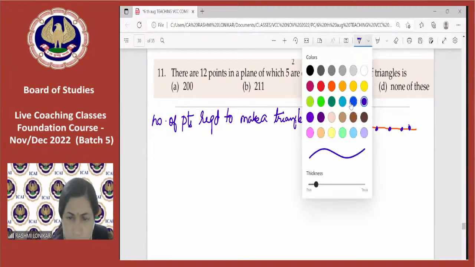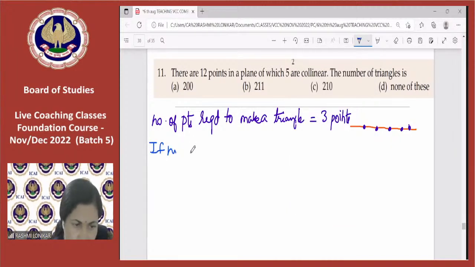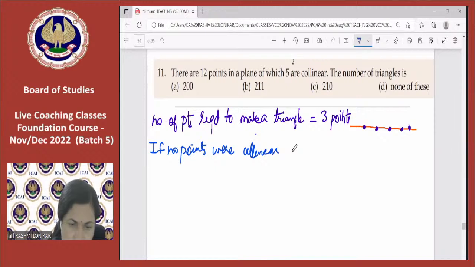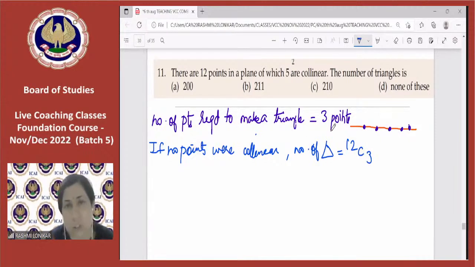So if no points were collinear, we would have got the number of triangles equal to 12C3, because I know for one triangle I need 3 points.